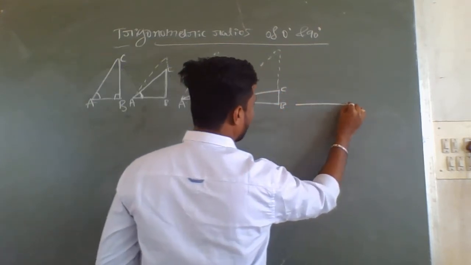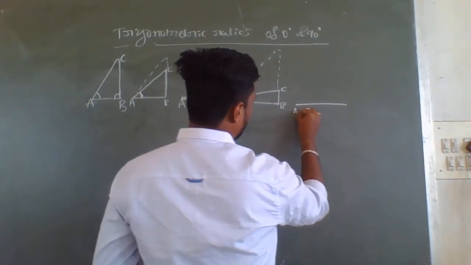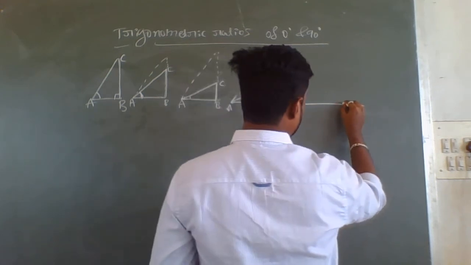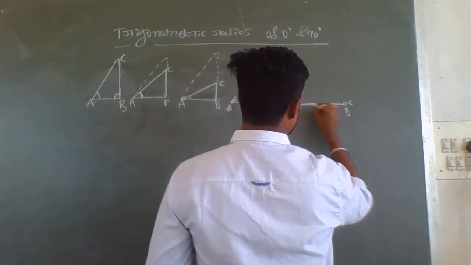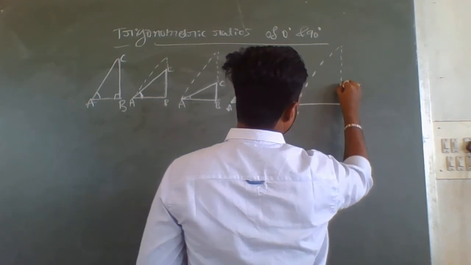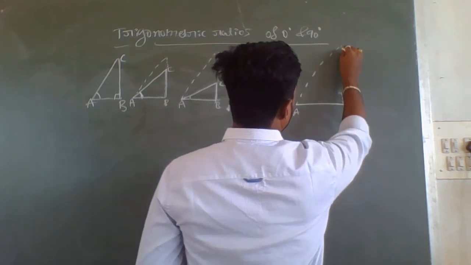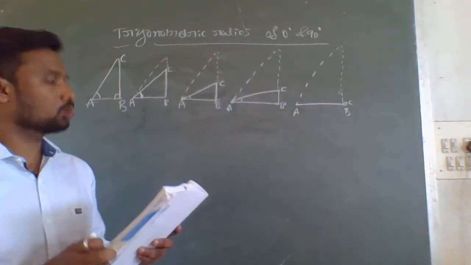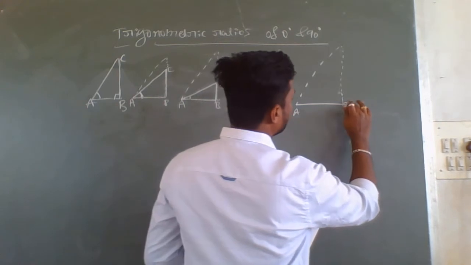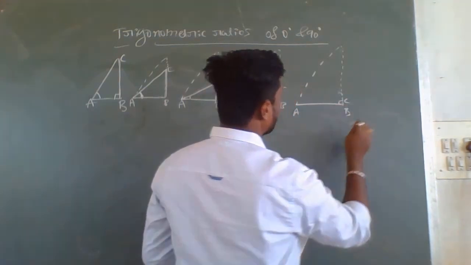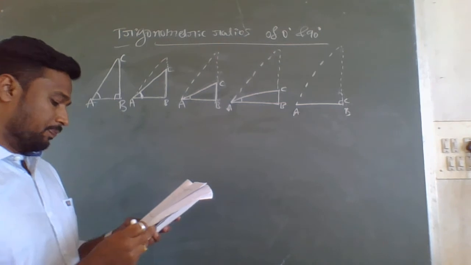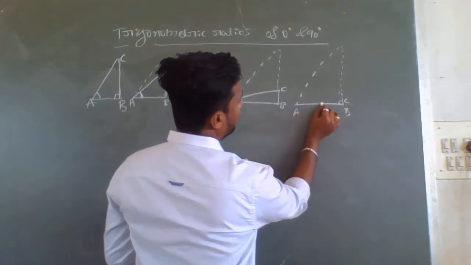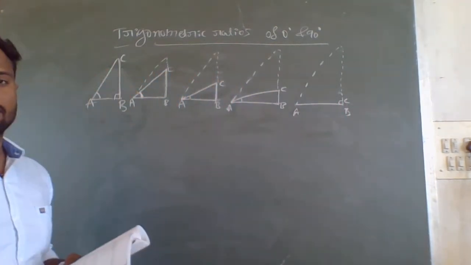Now again we will reduce angle A so that the length of the BC reduces, the point C gets closer to B, and finally this angle A becomes very near to 0 degree.